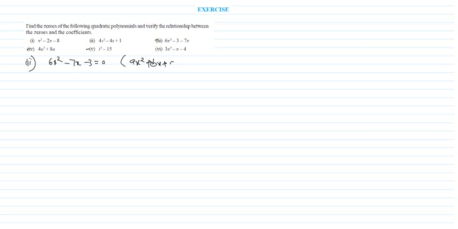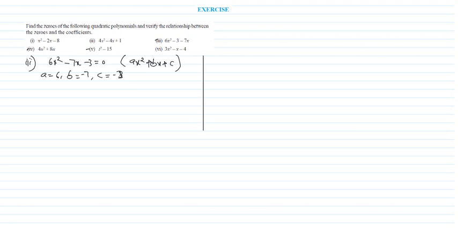Now as we have already discussed, a here is 6, b here is minus 7, and c here is minus 3. Okay, so the first step is to multiply ac. So mod of ac is 18, so we'll find the factors of 18.